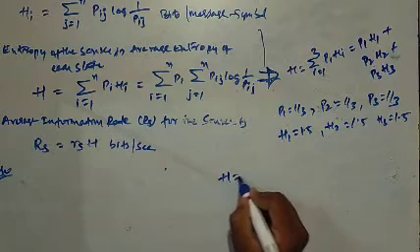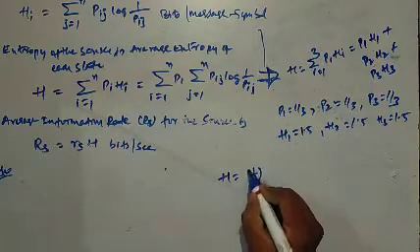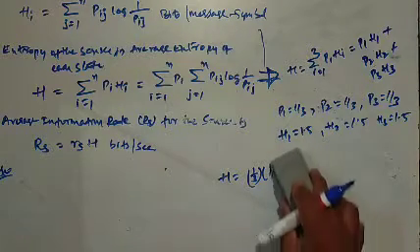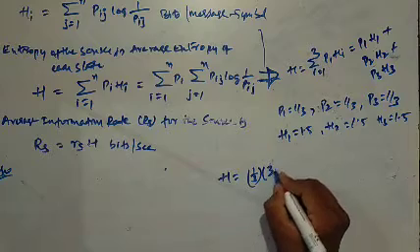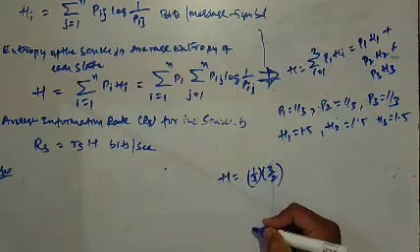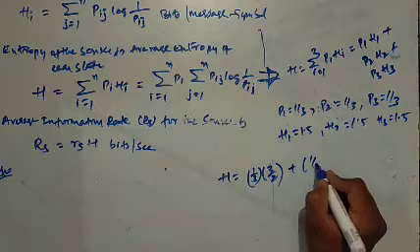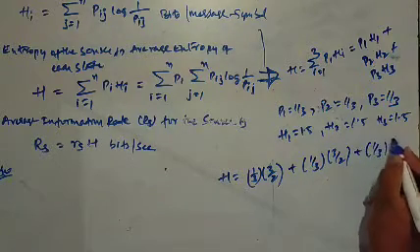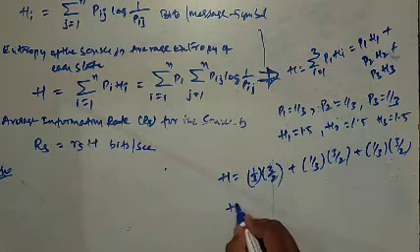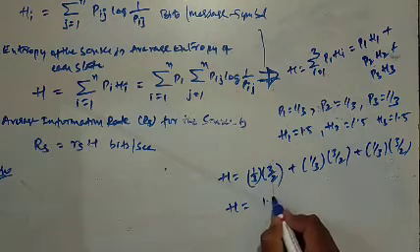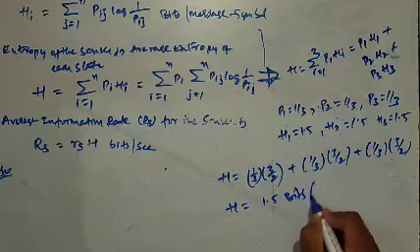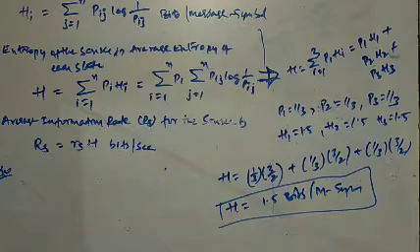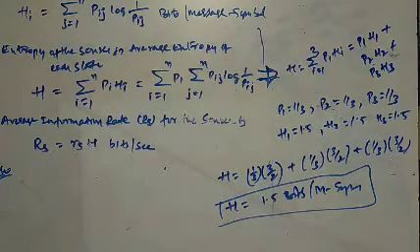So H is equal to 1 by 3 into 3 by 2 plus 1 by 3 into 3 by 2, and so on. 1.5 can be written as 3 by 2. On solving this, H is equal to 1.5 bits per message symbol.